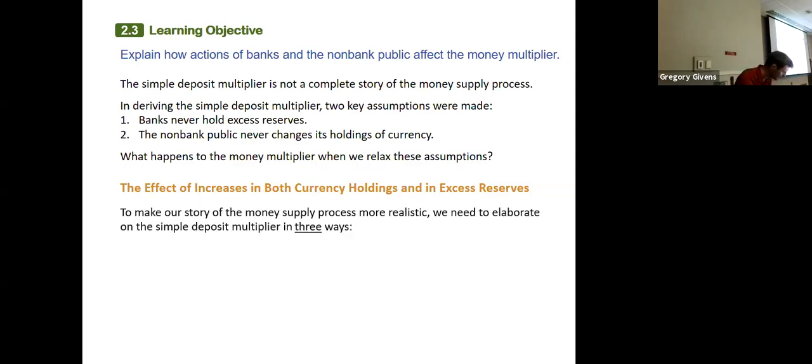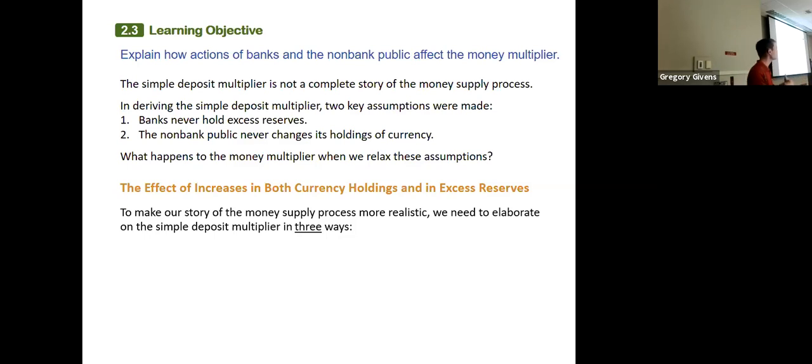Okay. So this simple deposit multiplier, which again assumes that banks hold no excess reserves and that we hold no currency, is useful. It's not realistic, but it's useful in understanding how reserve creation leads to increases in loans and deposits. There's a reason why we talked about it first, okay?